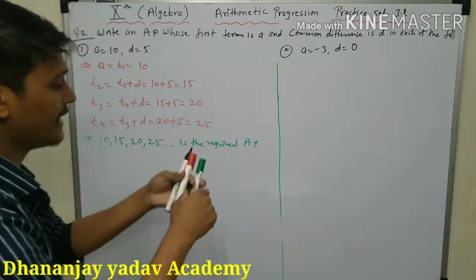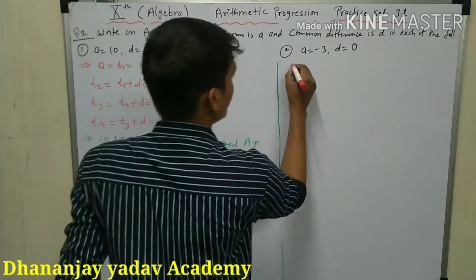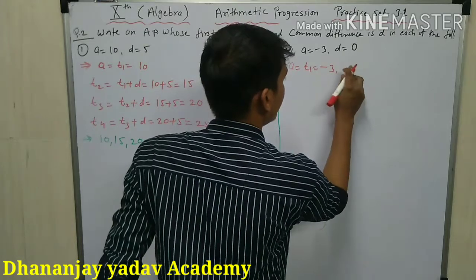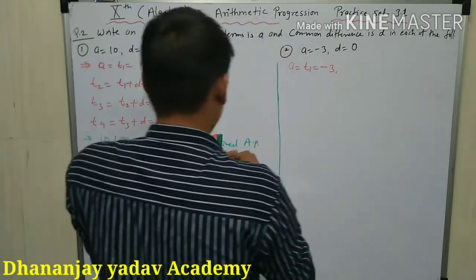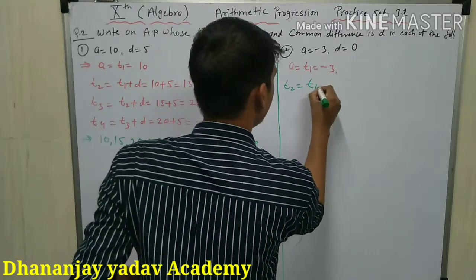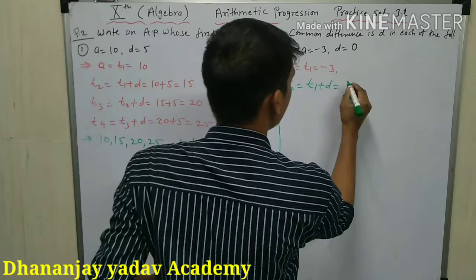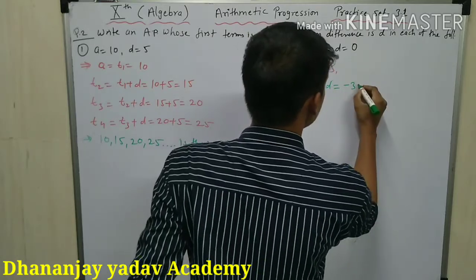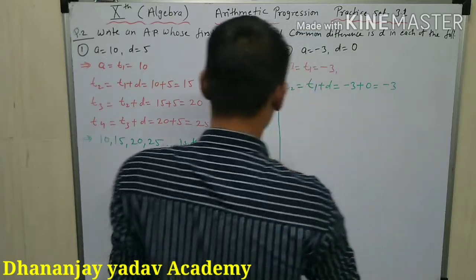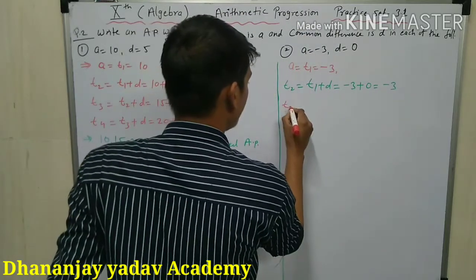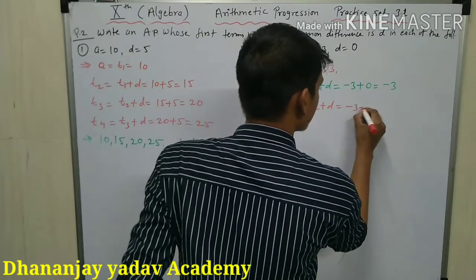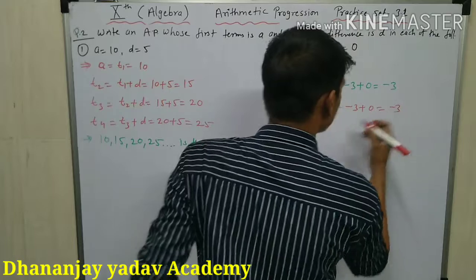Understood? Now second, same, you can write here A is equal to T1 is equal to minus 3, and T2 is equal to T1 plus D. T1 is minus 3 plus D, D is 0, equal to minus 3. Understood? Now find T3 is equal to T2 plus D. T2 is minus 3 plus 0, equal to minus 3.